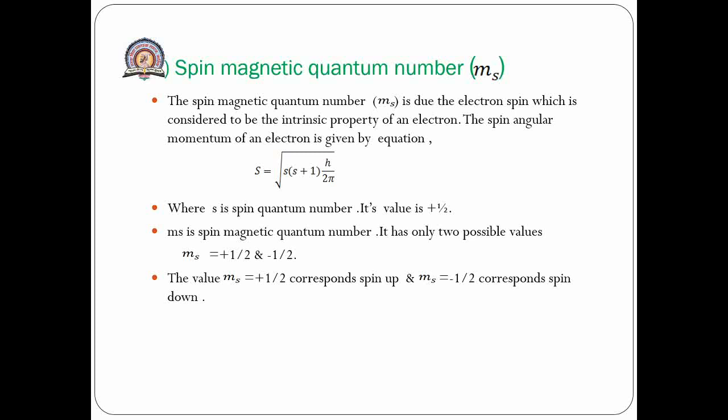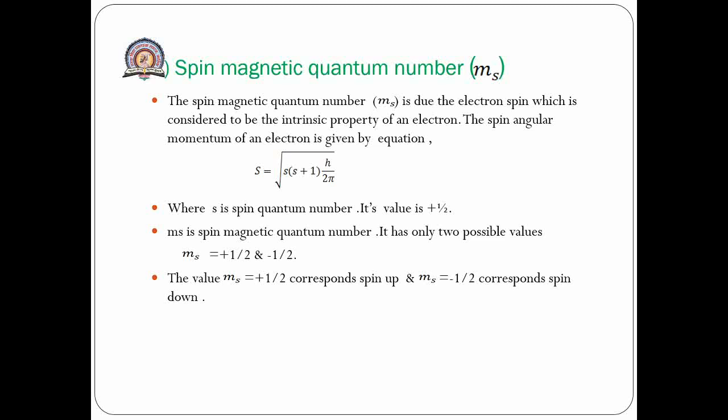The next quantum number is called the spin magnetic quantum number ms. You know that the electron has two spin states, spin up or spin down. The spin magnetic quantum number ms is due to the electron spin, which is considered an intrinsic property of an electron.